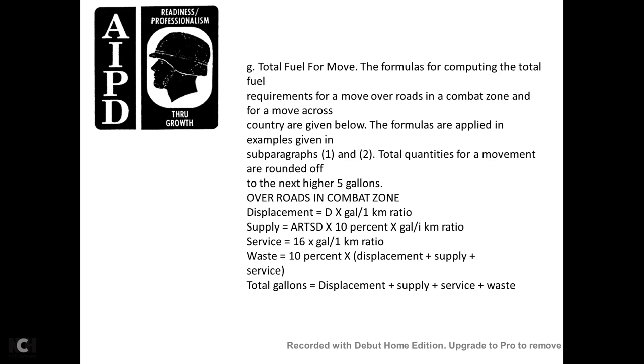Total fuel for the movement. The formulas for computing the total fuel requirement for the move over the roads in the combat zone or across the country are given below. The formulas are accompanied by the examples given in subparagraphs 1 and 2.